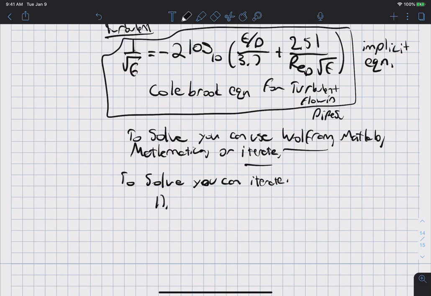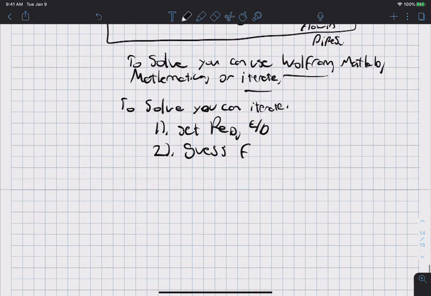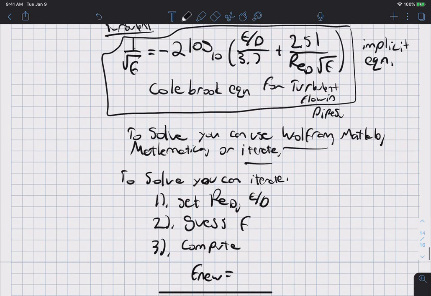So the steps for that are: 1, get Re_D and the relative roughness. 2, guess f. 3, compute f new equals this equation here, and I'm going to solve this for this f here.